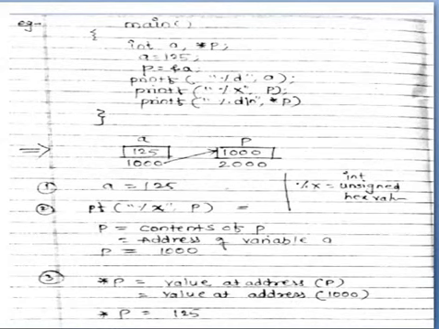Let's take another example. In the main function, two variables are there, int a and star p.